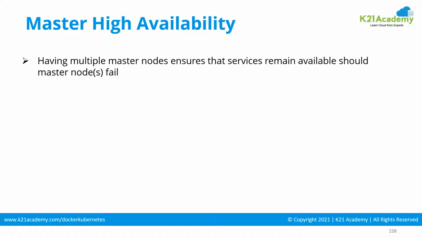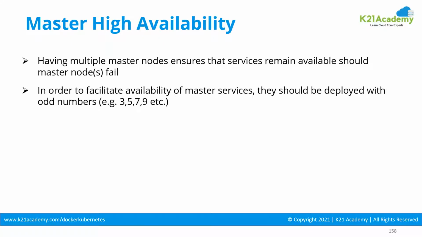So having multiple master nodes ensures that service remains available should master nodes fail. In any case, if a master node fails, it will definitely help you keep your services available. In order to facilitate availability of master services, they should be deployed with odd numbers.